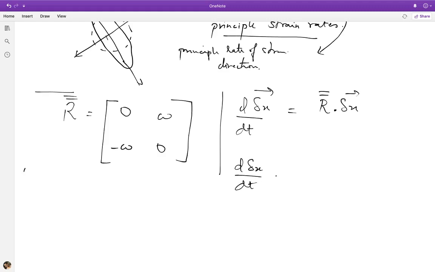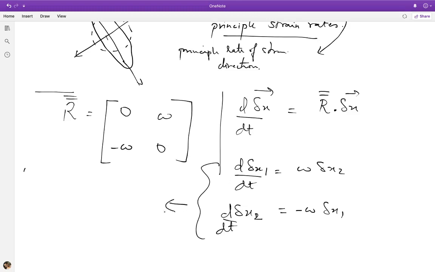And what this means, of course, is that component wise we have the following. The equation for delta x2 equal to minus omega delta x1. And the solution of this equation is quite simple really. We can write it down by inspection.